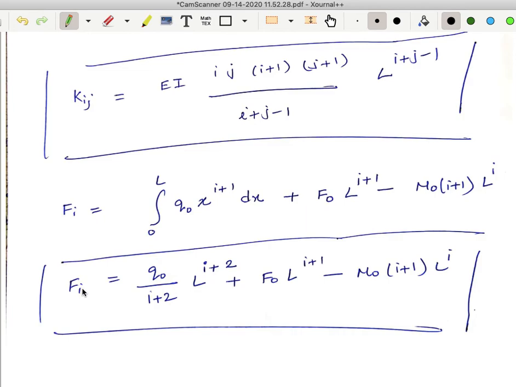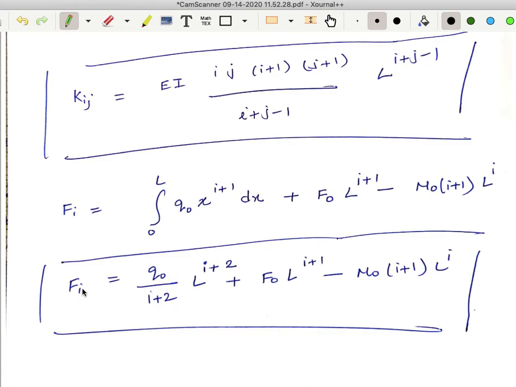What is the simplest approximation we can come up with? How do we get different levels of approximation? By taking n equal to 1. The simplest approximate solution will be for capital N equal to 1, which is a one parameter approximate solution. We can increase the complexity of approximation by increasing the value of capital N.